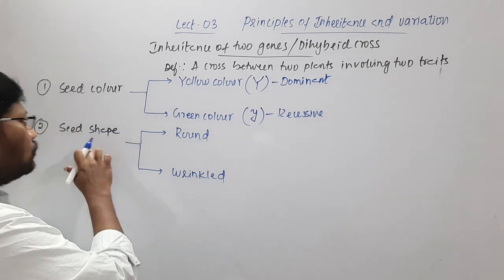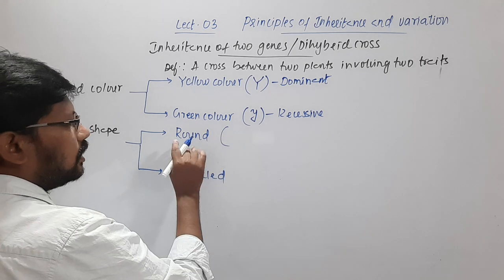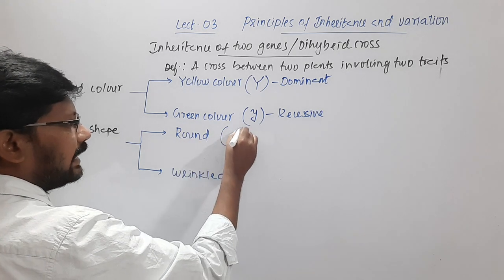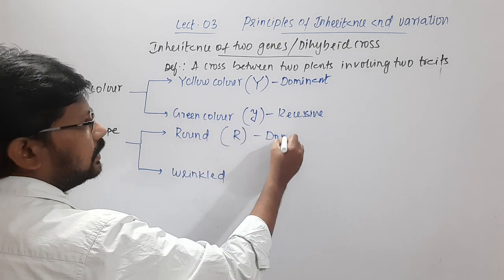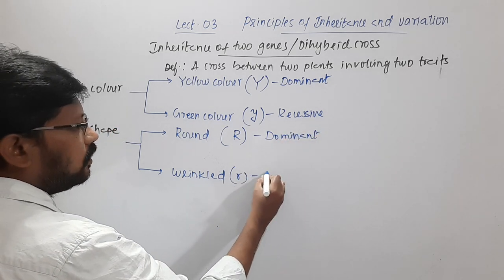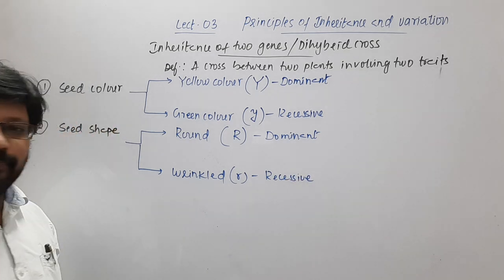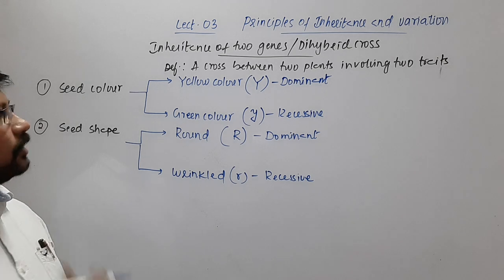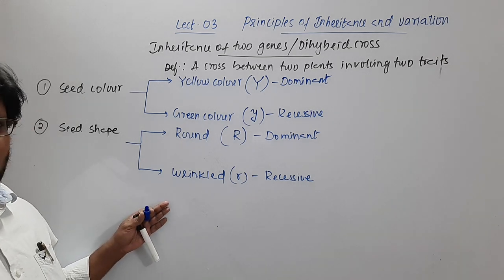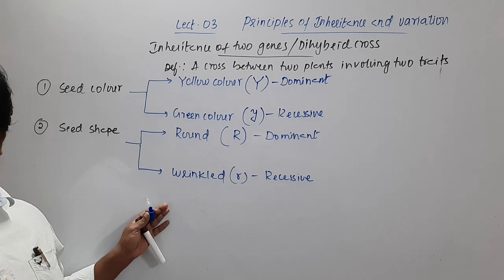And in the case of seed shape, we find that round is dominant, so I'm going to take capital R. This is dominant and small r is recessive. So these are the two traits that Mendel considered for his dihybrid cross.